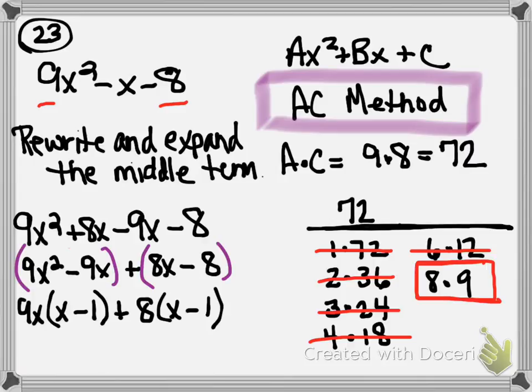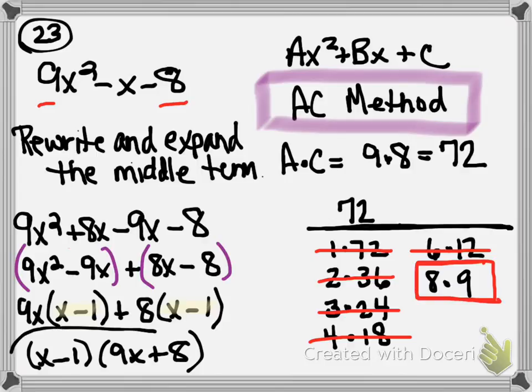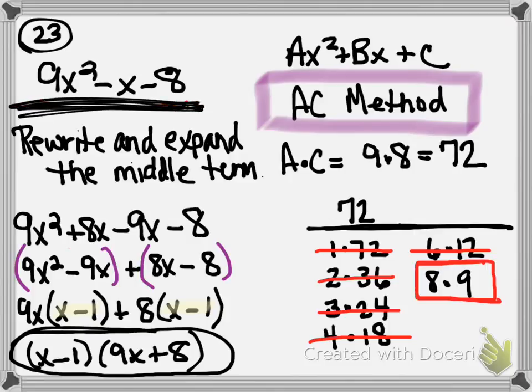Now I have a common factor of x minus 1, which I will take out. That leaves me with 9x plus 8. If you were to multiply that out using the double distributive, you would end up with exactly what we started with, and that is factored correctly.